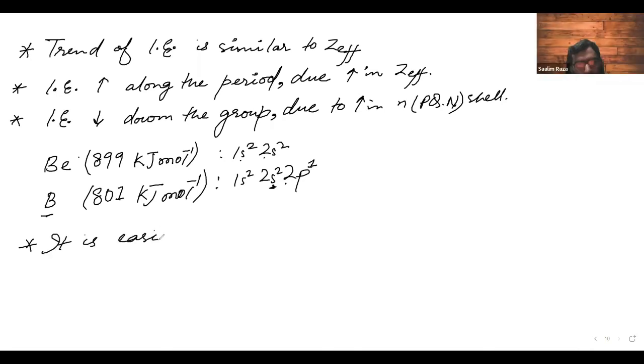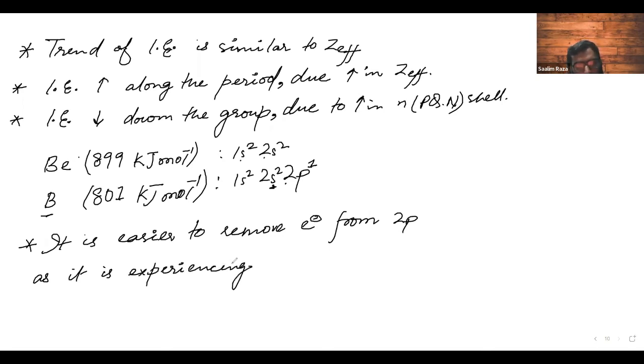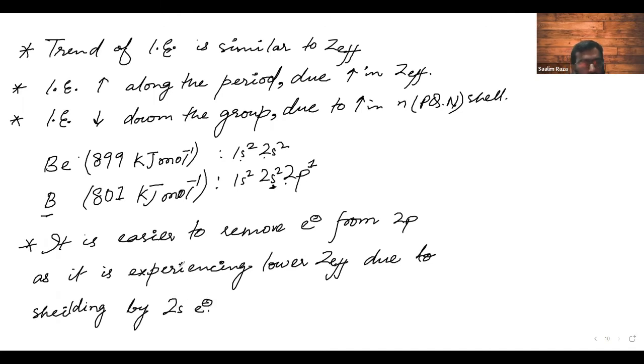It is easier to remove an electron from 2p as it is experiencing lower Z effective due to shielding by two s electrons.